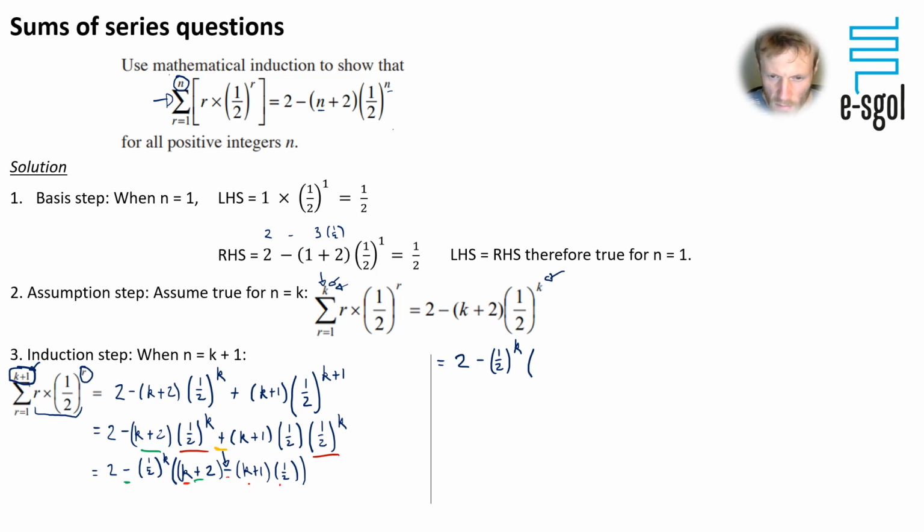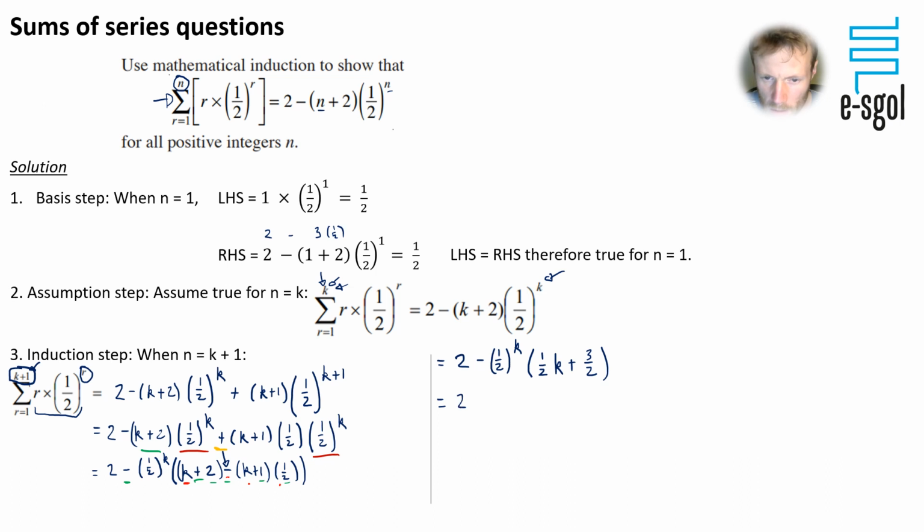So that's going to give me half a k. And then dealing with the numbery bits, I've got 2 minus 1 times a half, so that's 3/2, plus 3/2.